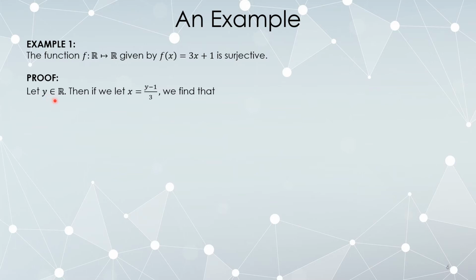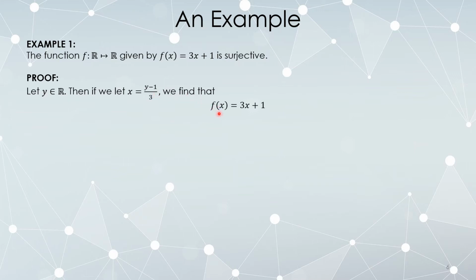So we can be very specific. We pick it to be whatever y was minus 1 over 3. So this was totally arbitrary because this was quantified with for any element of the codomain. Then there exists an element of the domain, so you only have to find one element of the domain, and this is the element we're going to pick, y minus 1 over 3.